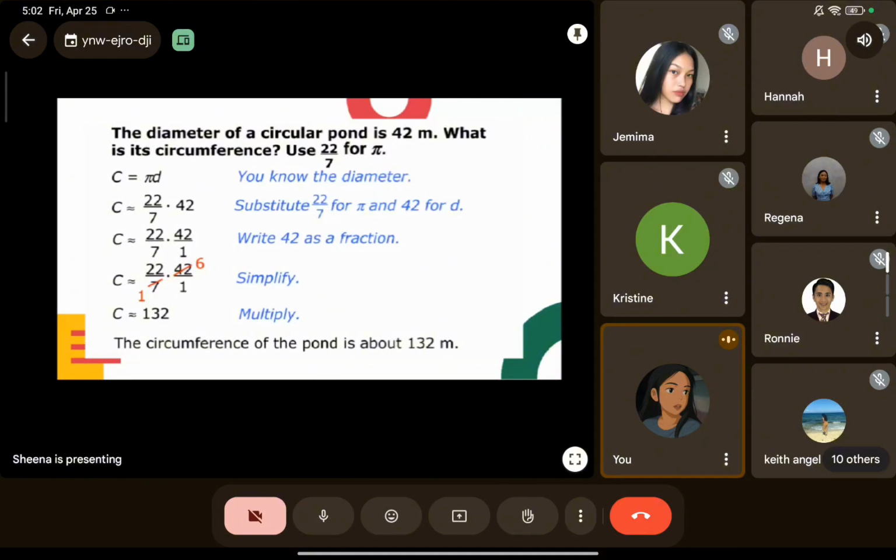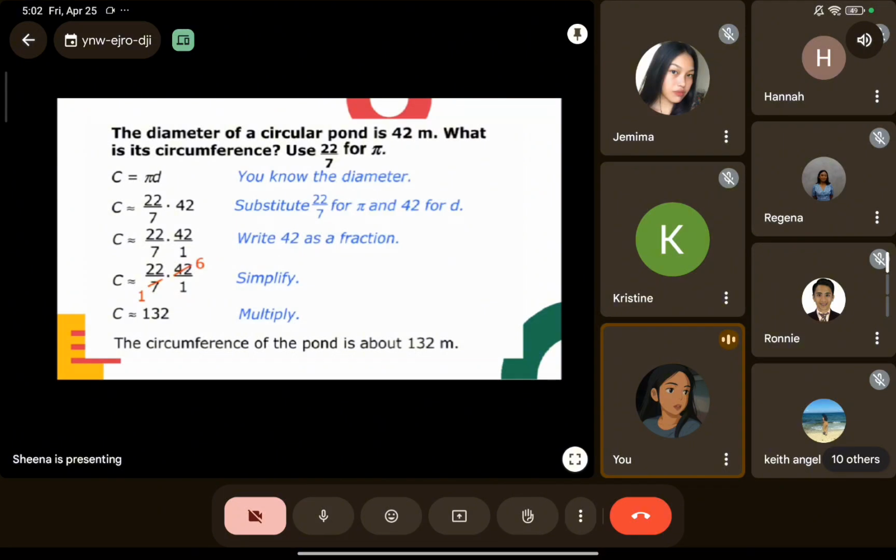So, C equals pi d. What is the equivalent of our pi, not 3.14 but the fraction? The equivalent of pi is 22/7. So we multiply it by 42.